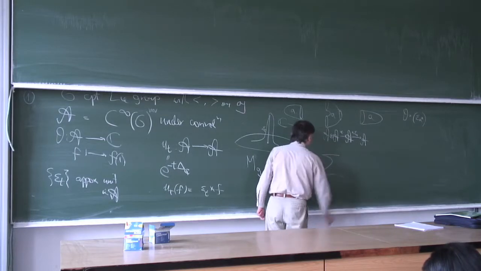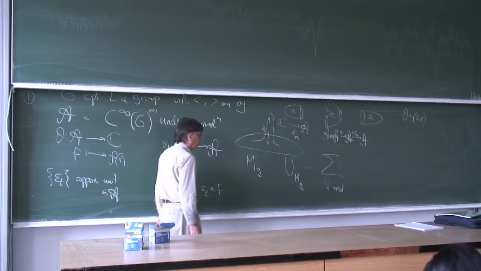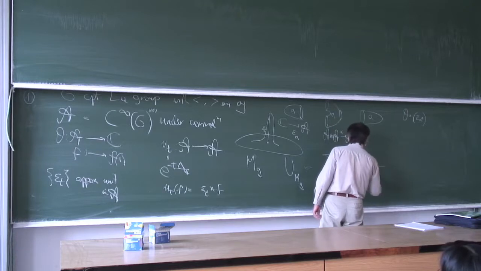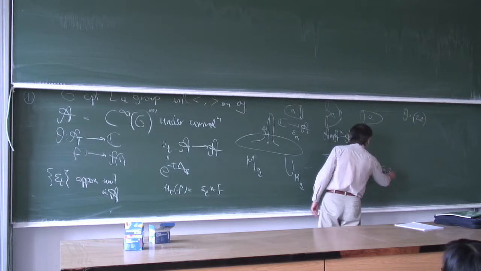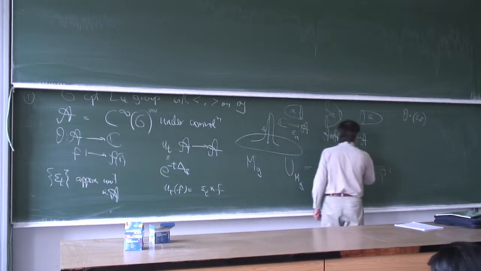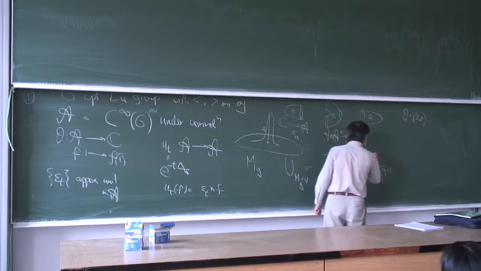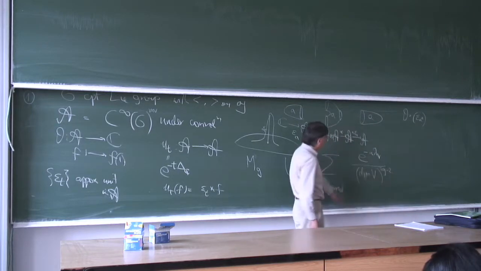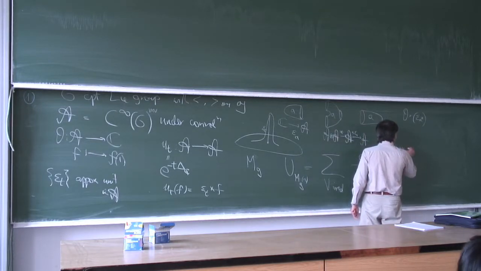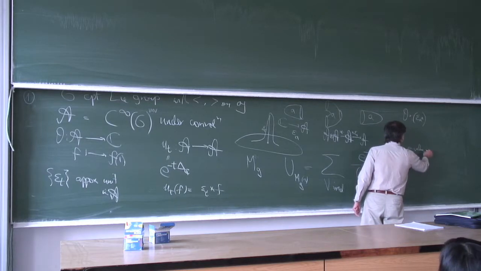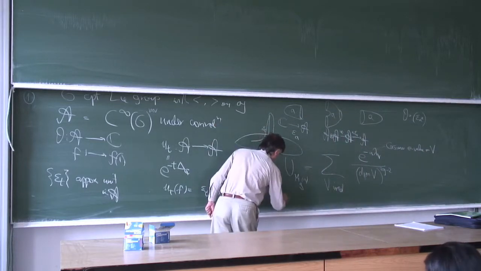It's given by a beautiful formula: the sum over all the irreducible representations of G of the dimension of the representation to the power 2 minus 2g, times e to the minus A times the Casimir eigenvalue of the representation, where A is the area.